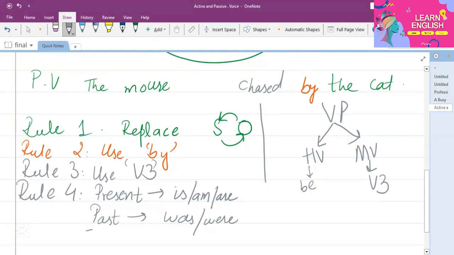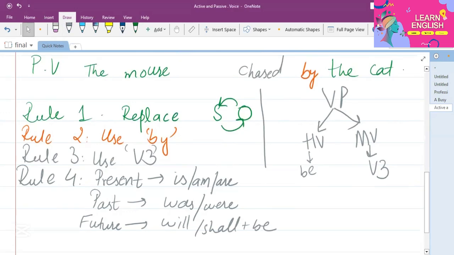For future indefinite tense, you will use will or shall plus be. Will be or shall be. So these are only examples of indefinite tenses. We are not discussing the other tenses right now. We are only discussing indefinite or simple tense: simple present, simple past, or simple future.